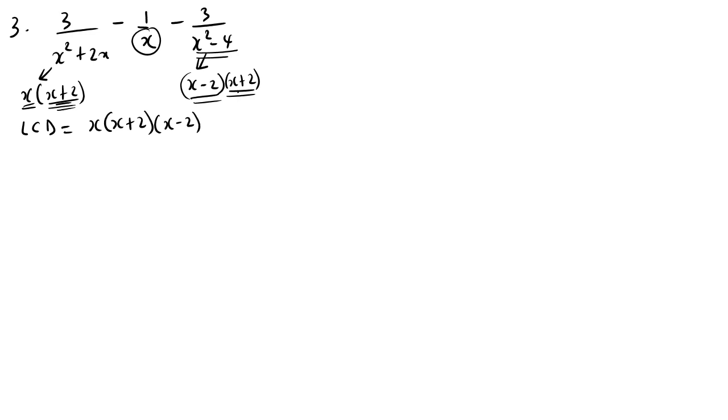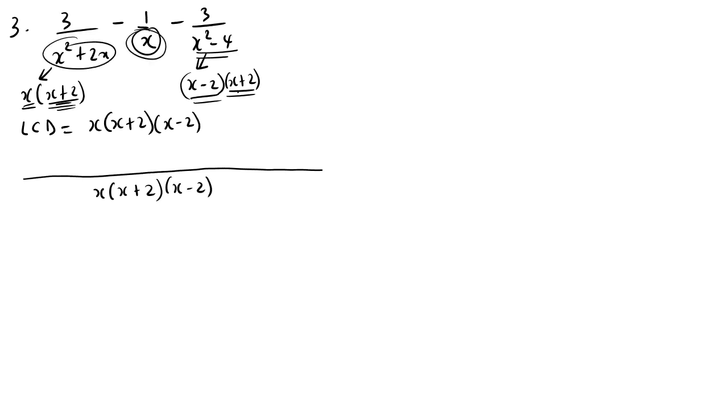So this is what I'm needing now. What I'm going to do here is go back to the fraction and just draw a very long division sign and just plug in my x, x plus 2 and x minus 2, because that's what's going to represent all this now.